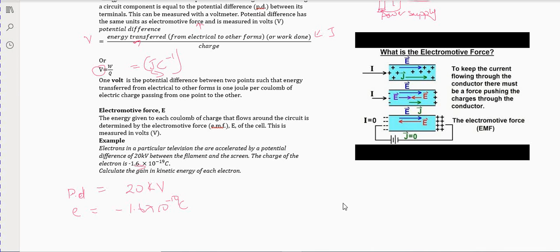Let's look at it again. Electrons in a particular television are accelerated by a potential difference of this between a filament lamp and the screen.